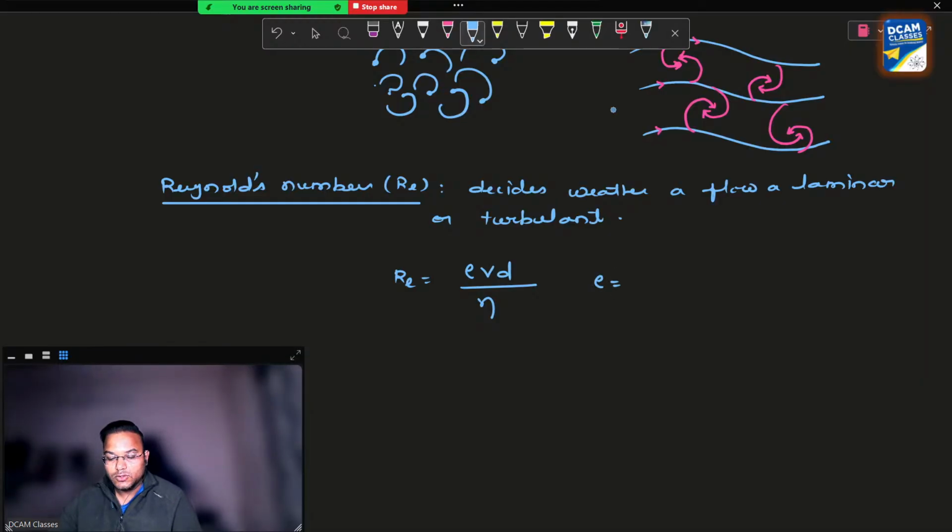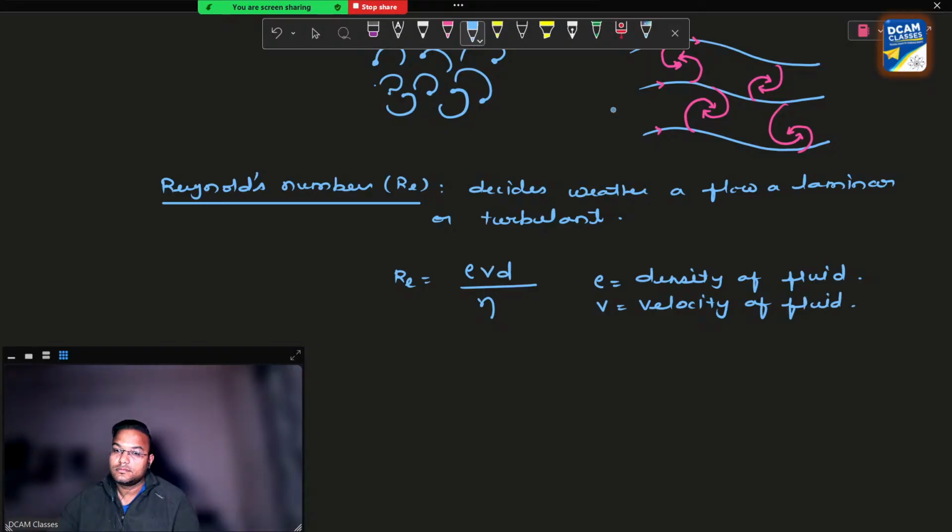What is rho? Rho is the density of fluid. What is V? Velocity of fluid. What is eta? It's the coefficient of viscosity.